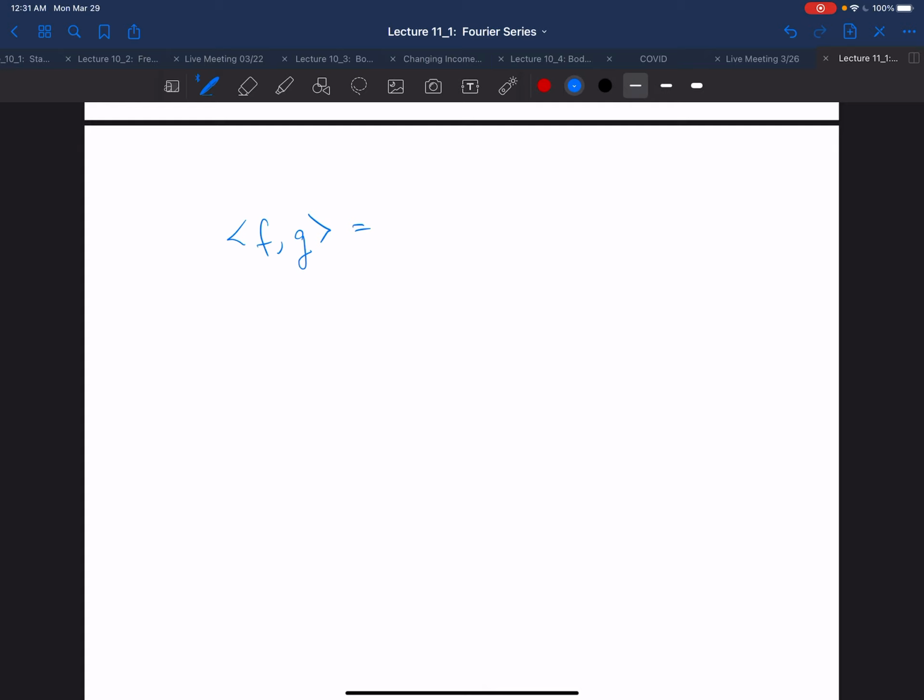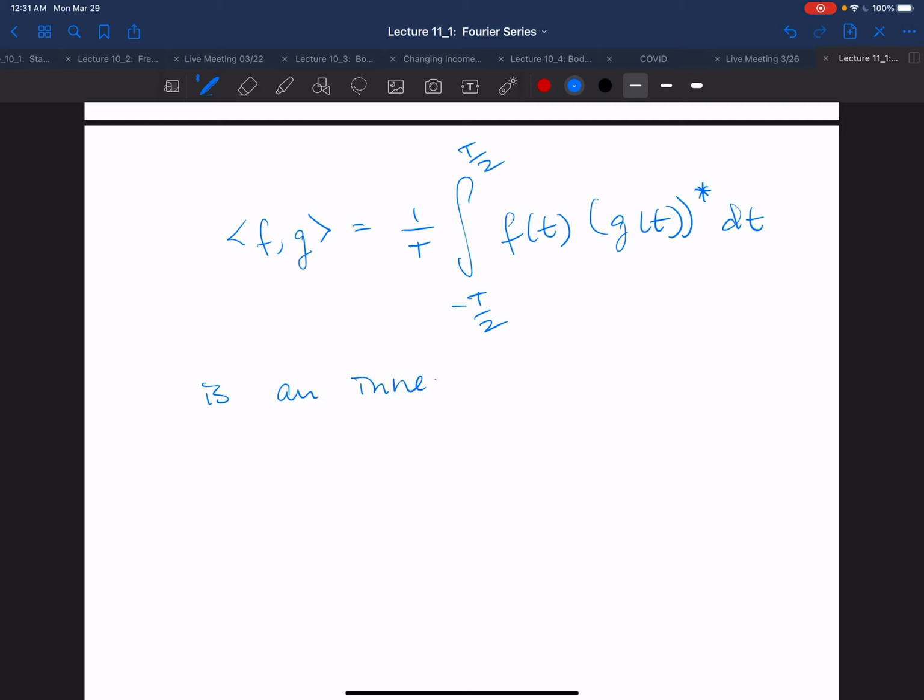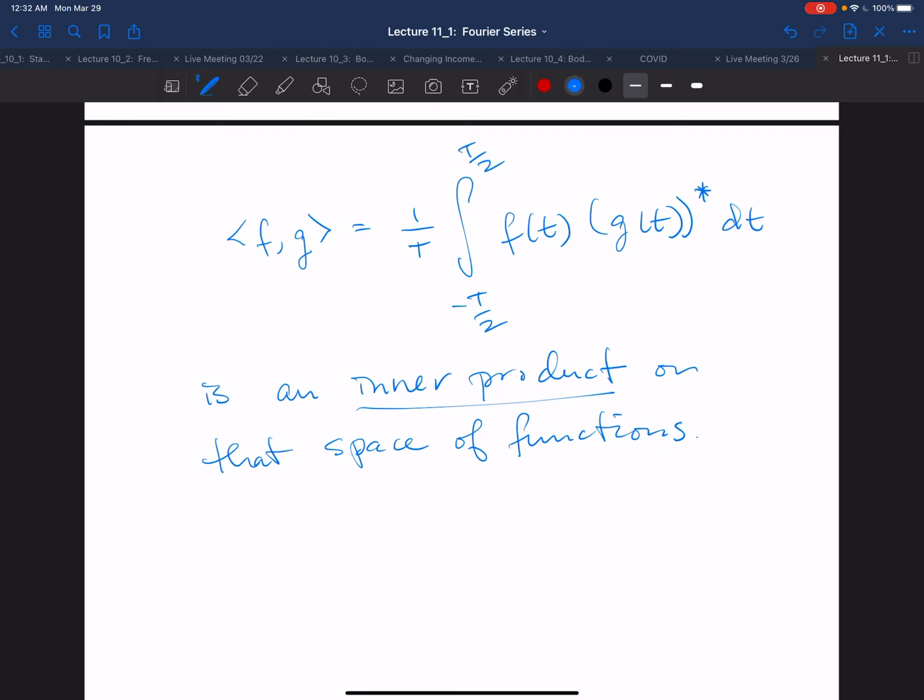So if we take two piecewise smooth functions f and g on this interval, and we then take 1 over T times the integral from minus T over 2 to T over 2 of f of t times the complex conjugate of g of t, then this is an inner product on that space of functions. And we're going to use this inner product to define a Fourier series.